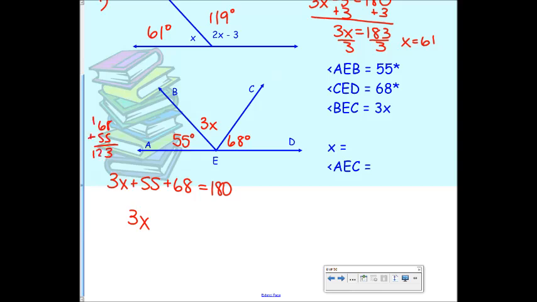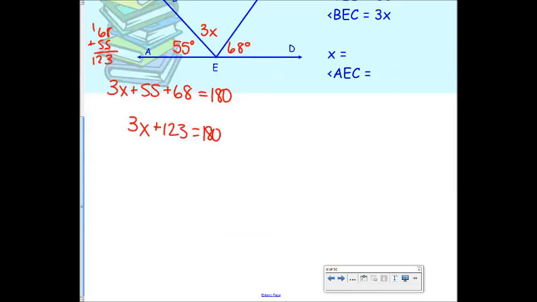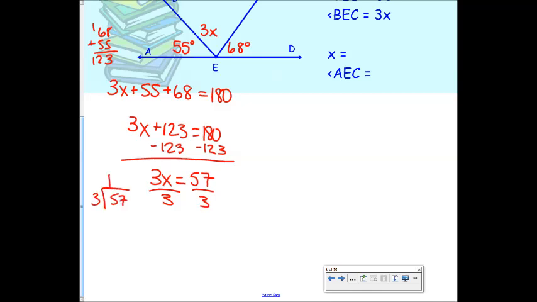All right, what would I do now? Minus 123, good. 3x equals 57. And then how would I finish? How many times does 3 go into 57? 19. So x must equal 19.